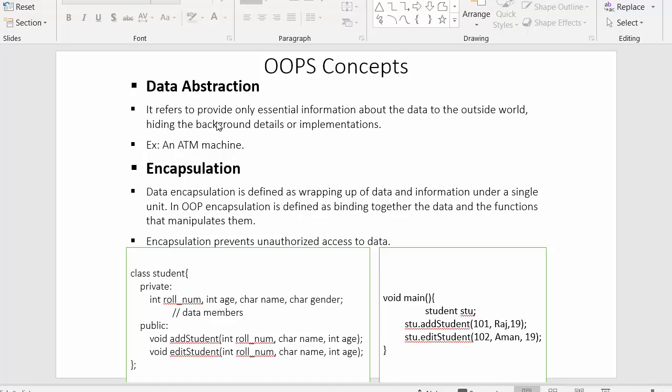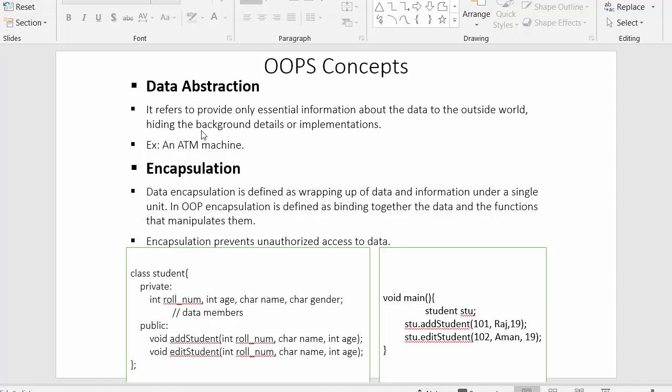It refers to providing only essential information about the data to the outside world, hiding the background details or implementation. What it says is, when you write the code for developing any system or application, write it in such a way that your program provides the user only that much of information which the user really wants.